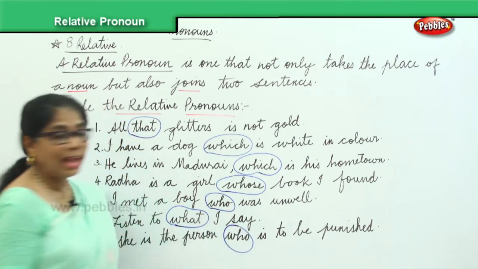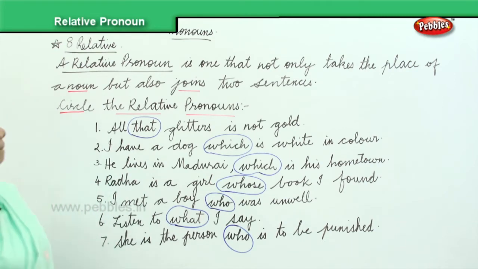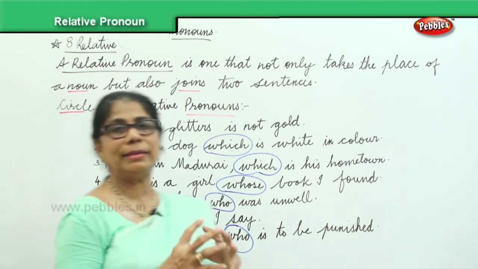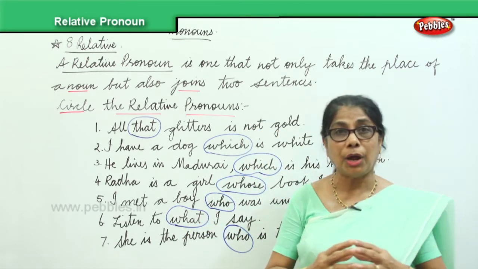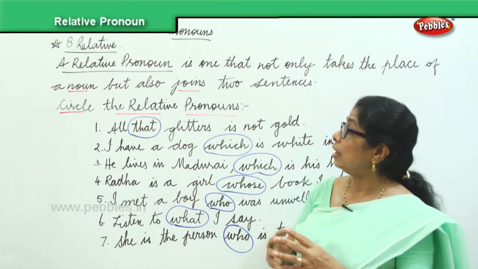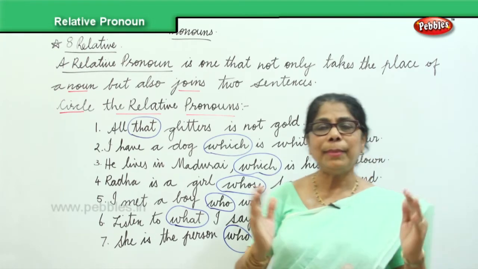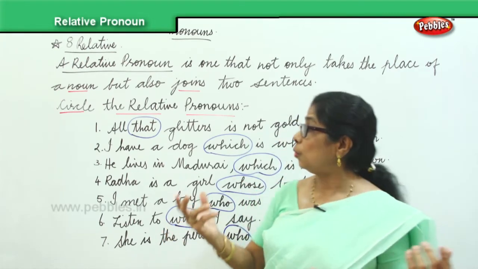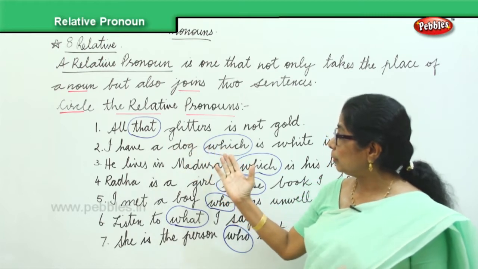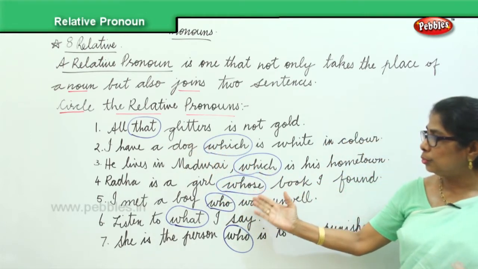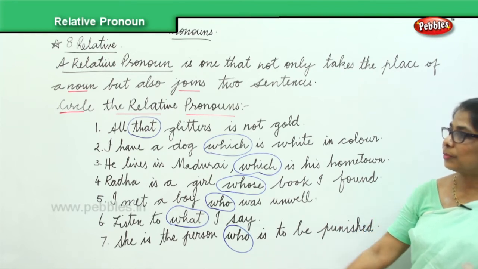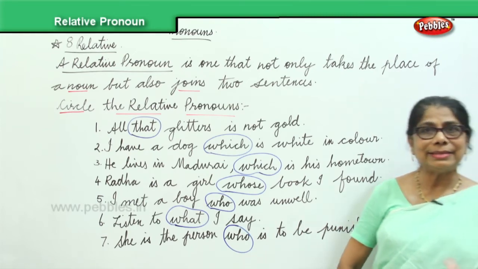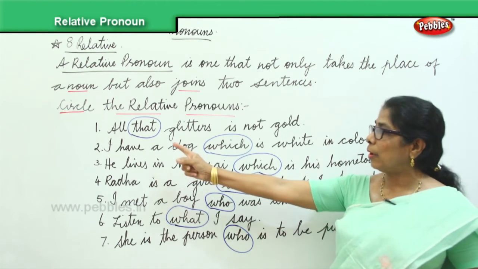So we have joined 2 sentences together and we have used the relative pronoun instead of a noun and made the sentence. Now words like that, which, whose, who, what, they are all relative pronouns. We have circled the relative pronouns in these sentences.